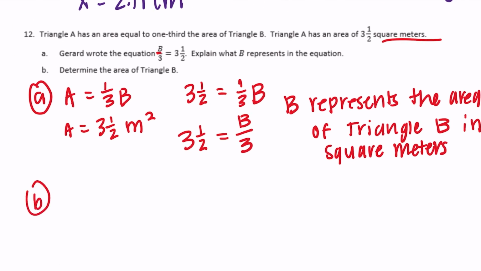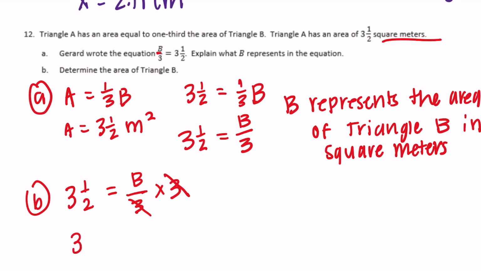So then for part B, determine the area of triangle B, so we just need to solve. So 3.5 is equal to B divided by 3. So we can get rid of that by multiplying by 3. That'll cancel that out and leave B alone.